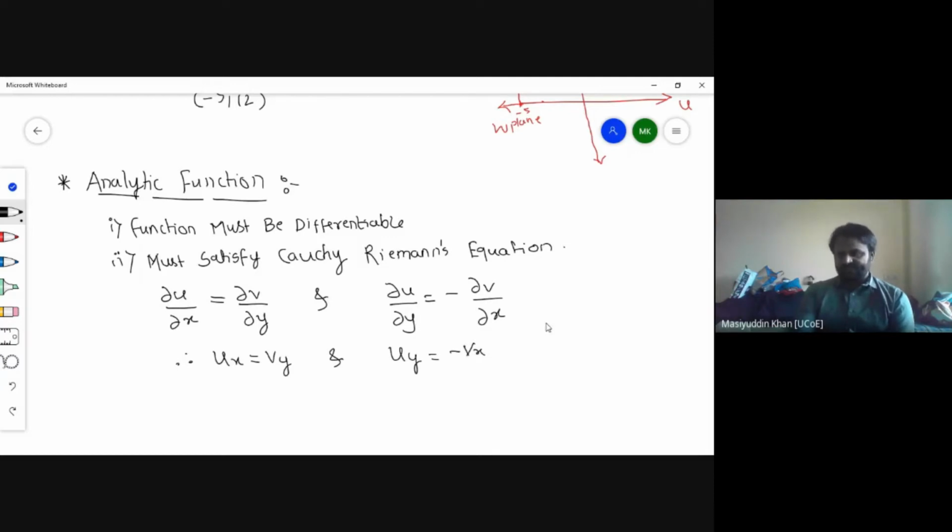So please try to understand what a Cauchy-Riemann equation is. What is an analytic function? A function must be differentiable and must satisfy the Cauchy-Riemann equation, then we can say that the function is an analytic function.